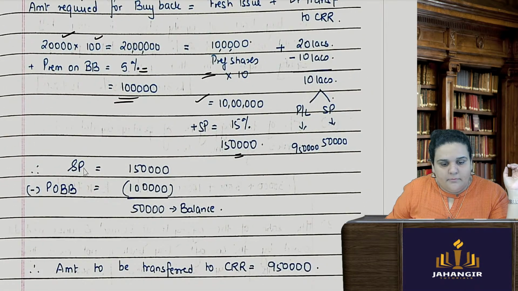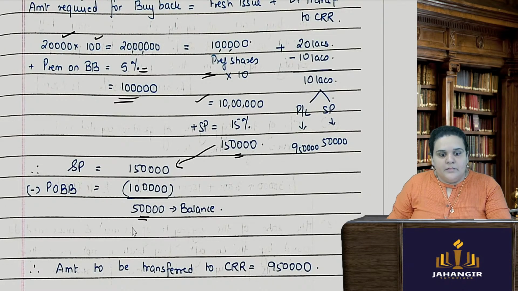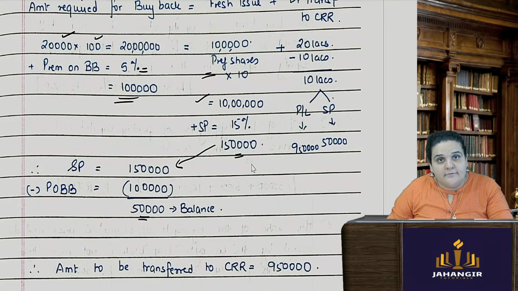Securities premium which I have received from the fresh issue is 1,50,000 and premium on buyback is 1 lakh. So 50,000 is still balance, right? So I can still use my securities premium account over here.